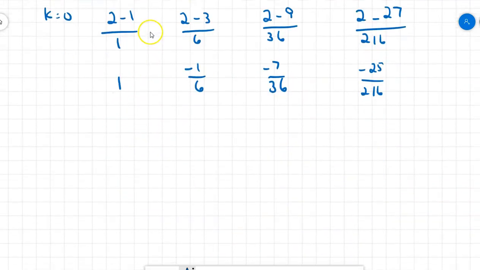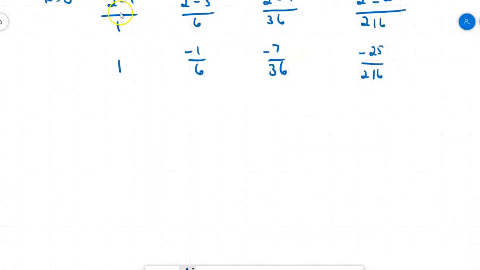If I want the partial sums, I could do 1 minus 1/6 is 5/6. And then if I do that minus 7 over 36, I'm going to end up with something that's a little bit smaller. But this thing just seems to be decreasing, but I don't know what it's decreasing to, right? So if I have 5/6, that's going to give me 25 over 36.